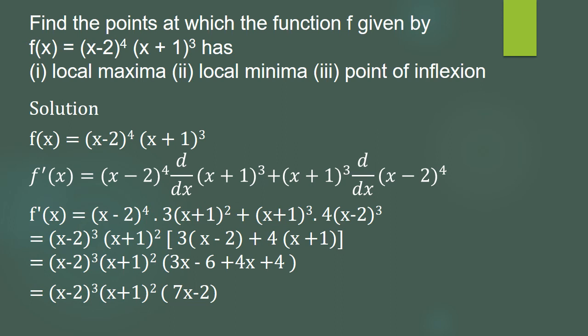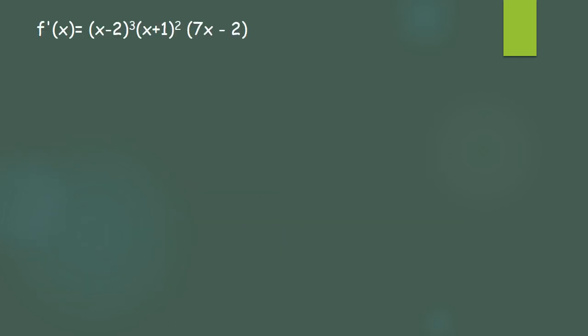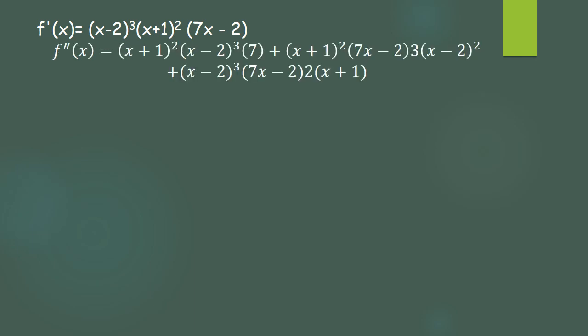This is the first order derivative. We'll find out its second order derivative. For that we use the product rule again, with u, v, w: derivative of the first, second, third, and so on. The derivative of 7x minus 2 is 7, keeping the second and third.